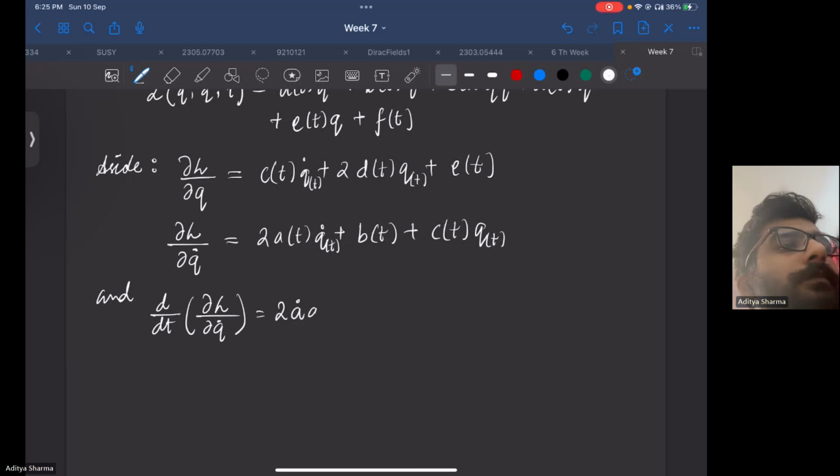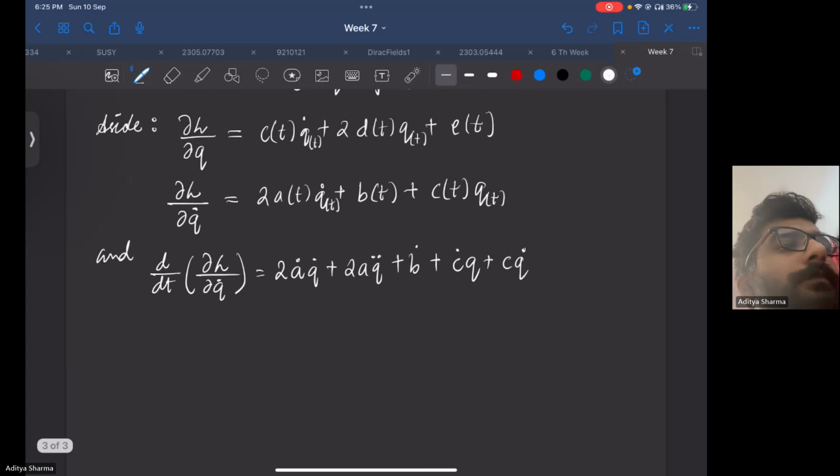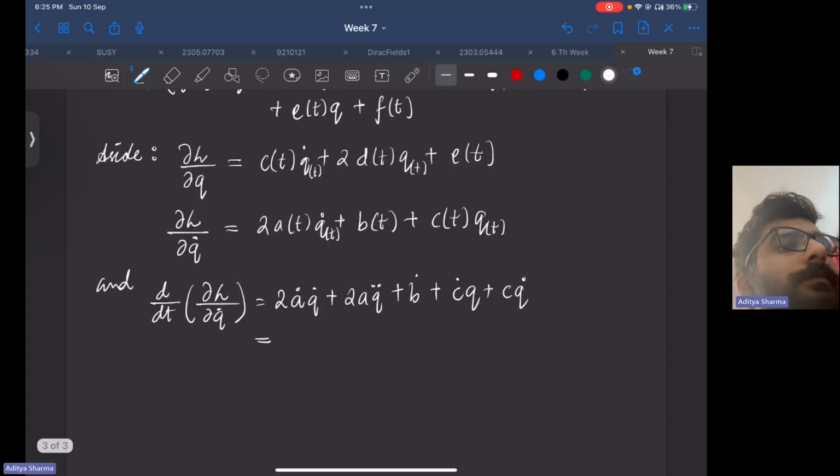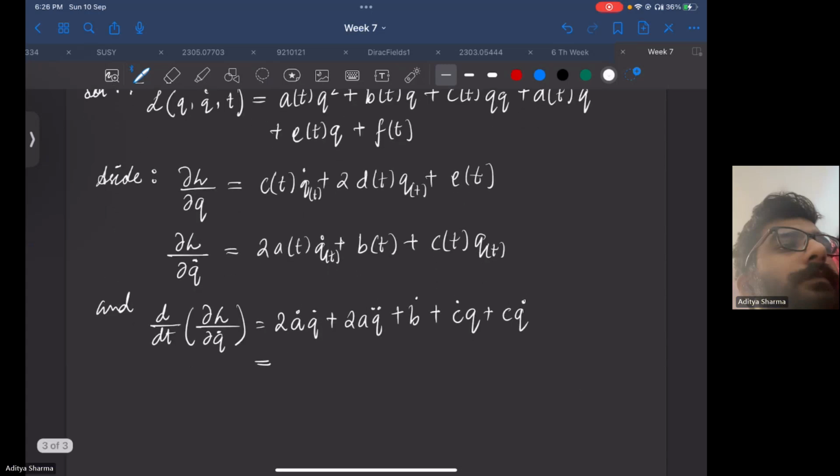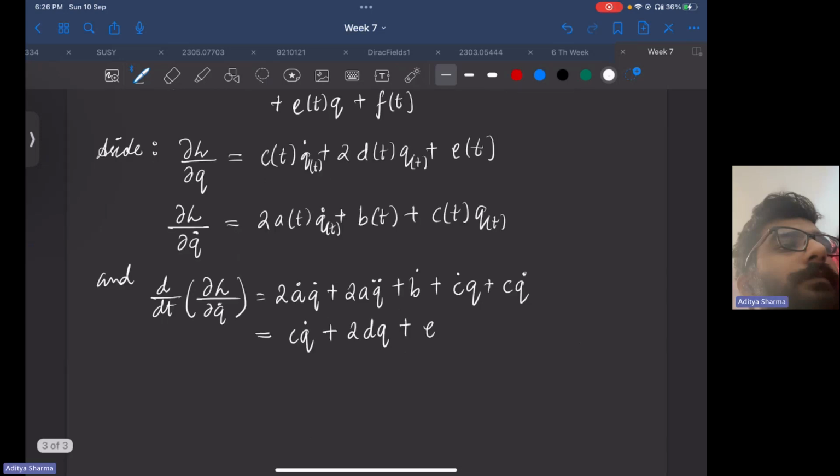2 a dot q dot plus 2 a q dot plus b dot plus c dot q plus cq dot is equal to cq dot plus p dq plus e.